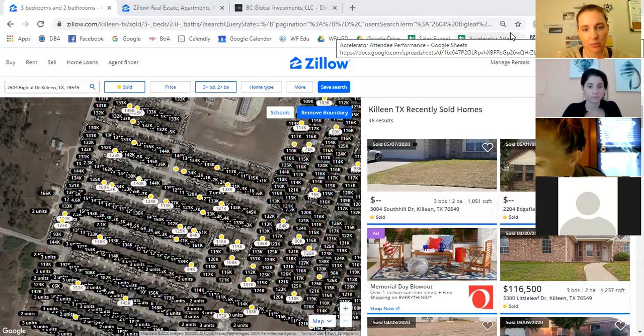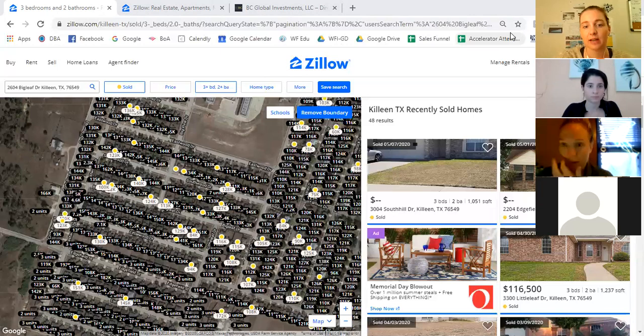Katie, to answer your question, would you want to keep it in the same school district? Yes, you would. And typically, if you're in the same neighborhood, you're going to be in the same school district. But that's a really good point, especially when it comes to renting, because rental rates in a lot of ways are affected by school district. So yes, try to keep it in the same school district.